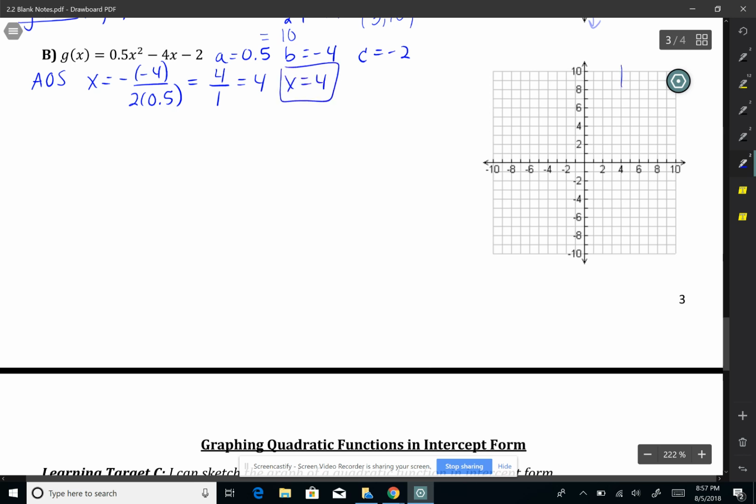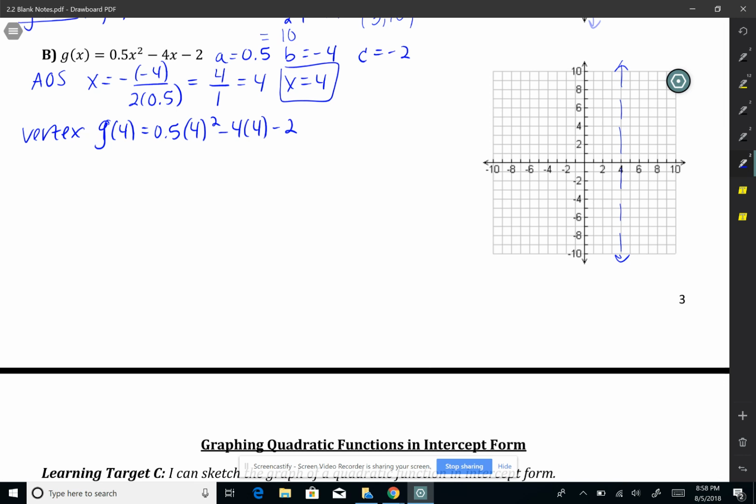Going to go graph that on the right over here. Here's x equals 4. I know my vertex falls on this line at x equals 4, so I'm going to go ahead and plug in 4 into my function. g of 4 equals 0.5 times 4 squared minus 4 times 4 minus 2.